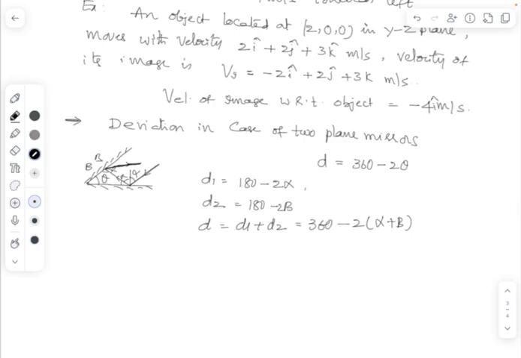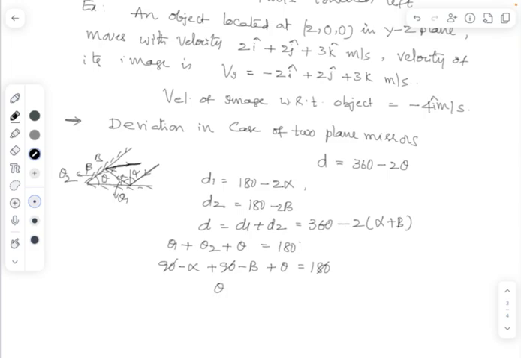From the diagram, this is theta 1, this is theta, and this angle is theta 2. Theta 1 plus theta 2 plus theta equal to 180 degrees. Theta 1 equal to 90 minus alpha, theta 2 equal to 90 minus beta, so 90 minus alpha plus 90 minus beta plus theta equal to 180 degrees.